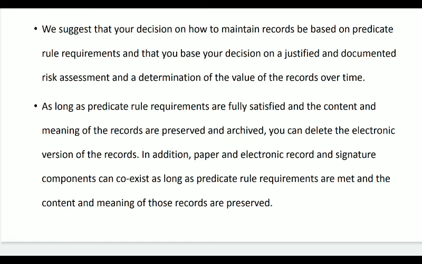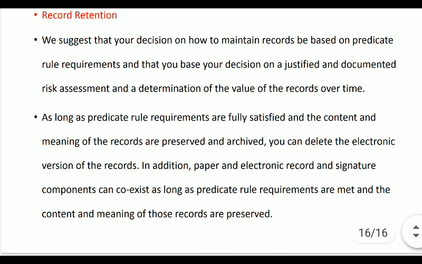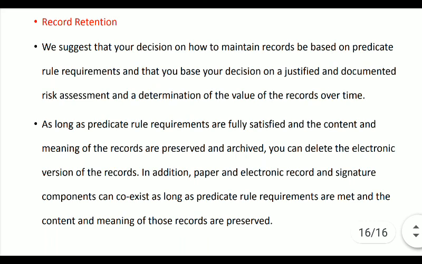So dear students, that was all about the 21st CFR Part 11. Remember, this is a document in which there are detailed guidelines or you can say instructions given by US FDA to various pharmaceutical laboratories in order to handle the electronic data in a proper way.